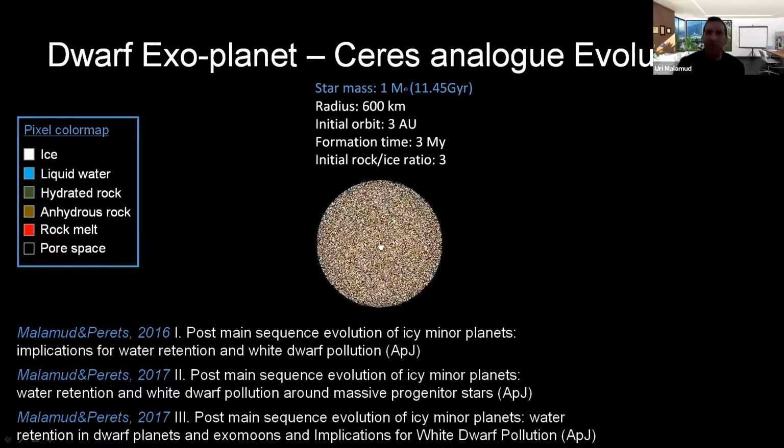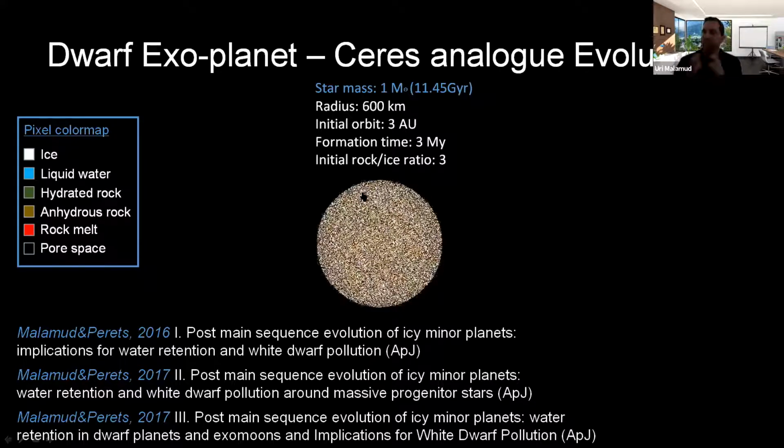What you see here is an object that has a radius of 600 kilometers. That's a good analog to Ceres, the largest asteroid in the asteroid belt, so it's really a dwarf planet. It's surrounding, in this case, a one solar mass, sun-like star. What you will see here is as follows. The color map is white for ice material.